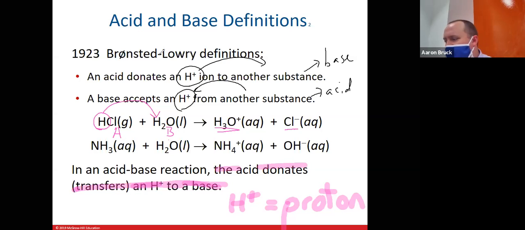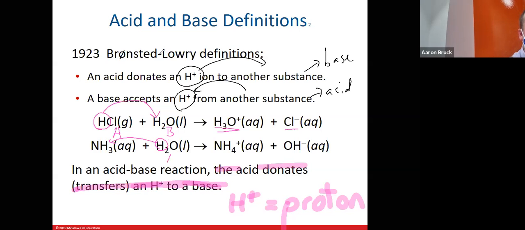What the Bronsted definition also allowed, and this is a really important piece, is that it allowed substances like NH3. Look at ammonia. NH3 does not have a hydroxide on it. So under the Arrhenius definition, ammonia would not be a base. But under the Bronsted definition, we can see that one of these hydrogens left water and went to the ammonia.